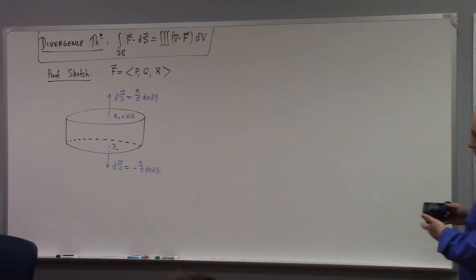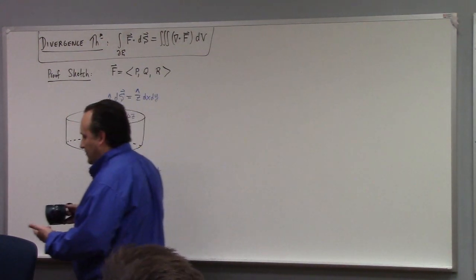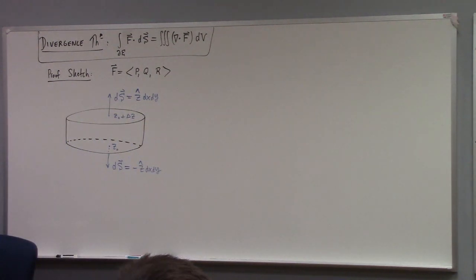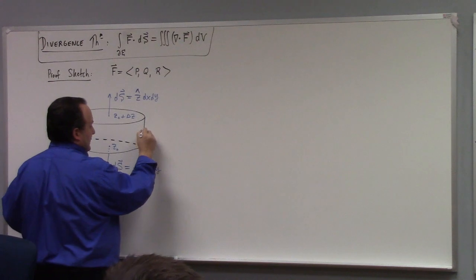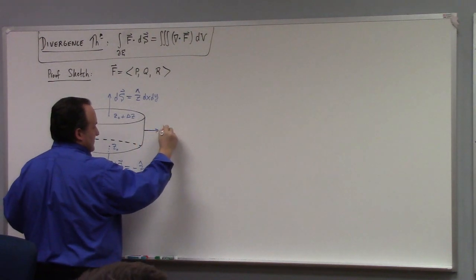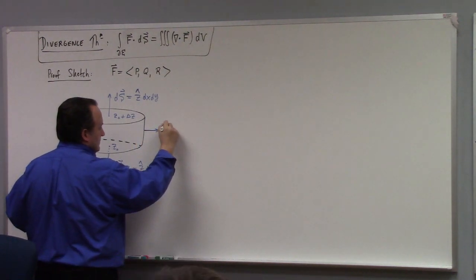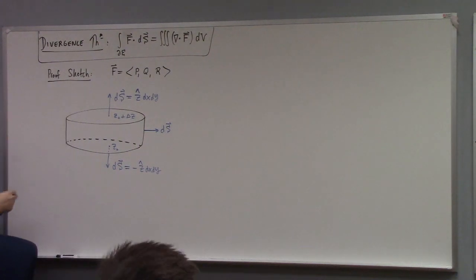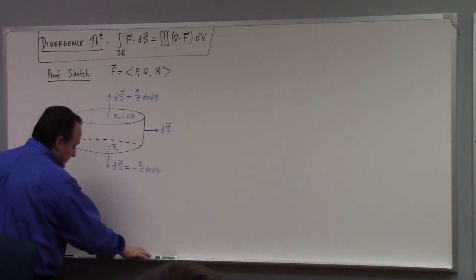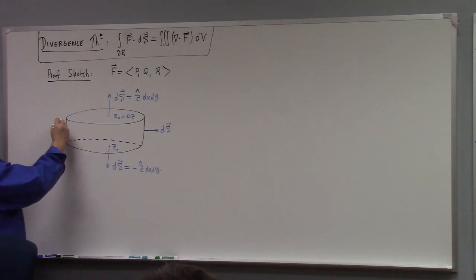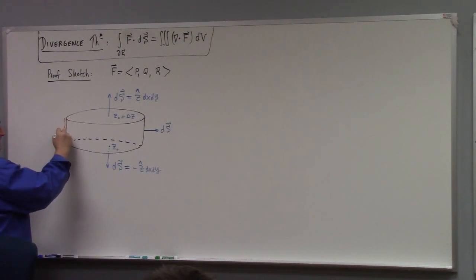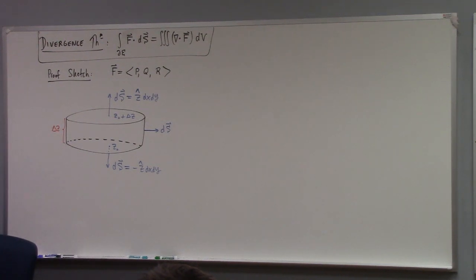So there's a surface area element above and below. And the surface area element on the side is more exciting, right? So here's dS. Let me point out some things. This distance here is delta z.